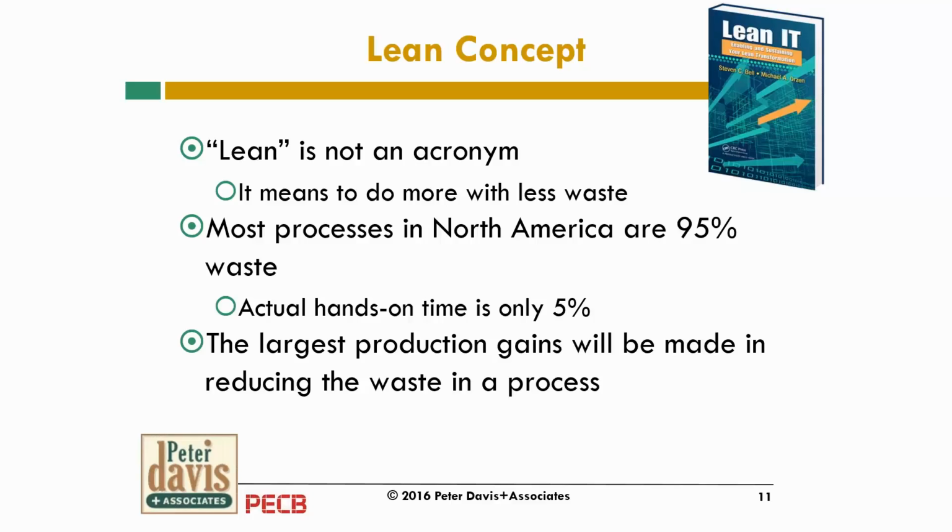There have been numerous studies that say in North America, generally 95 to 99% of processes are basically waste, which means that only 5% of the things we are doing actually provide value to the customer. And again, our friends at Toyota, who have been doing this for over 62 years and using something called the Toyota Production System, or TPS, have only managed to get it down to 60%.